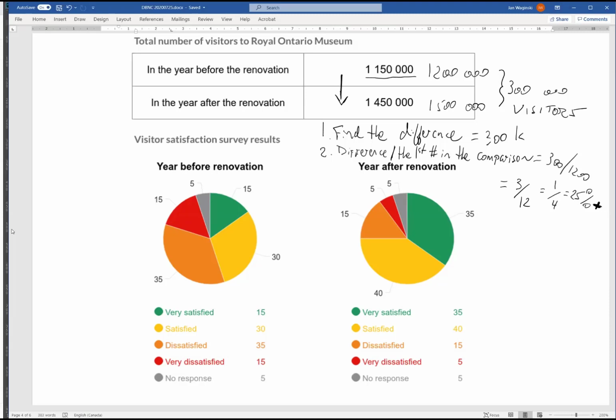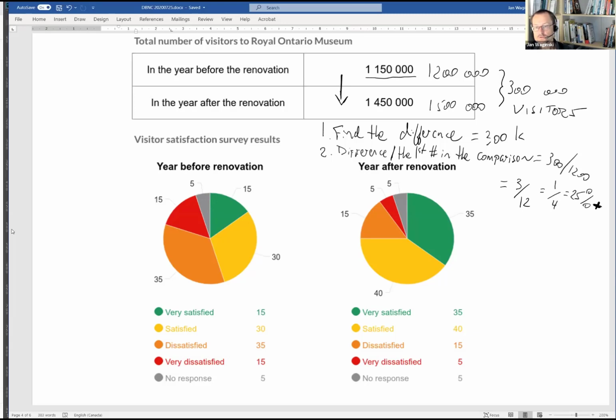Okay, good. I think a lot of people make a mistake in the second part. They're not sure which number to divide it by. It's the first number in your comparison. It's almost always going to be the number related to the earlier year.